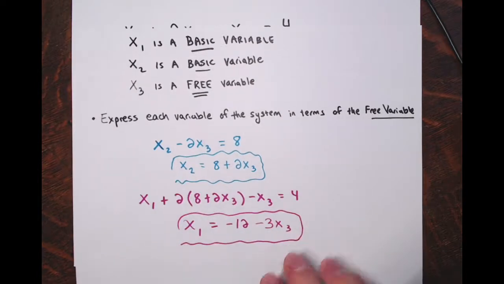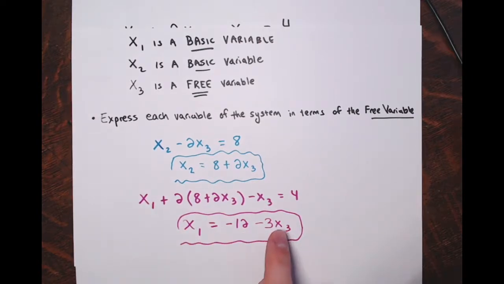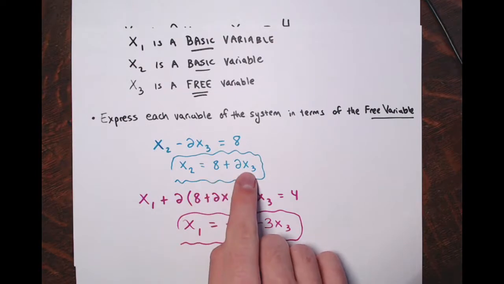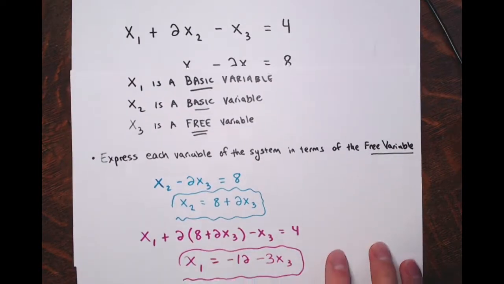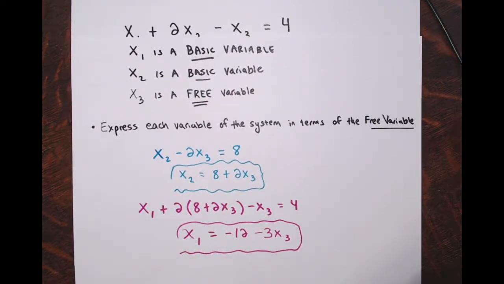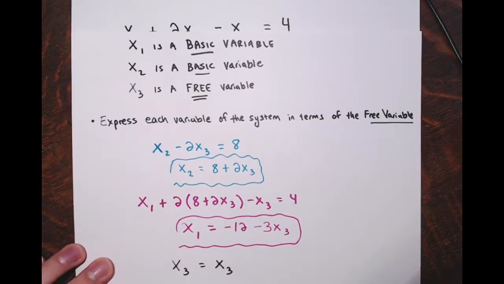And then of course the free variables are equal to themselves. So x1 is negative 12 minus 3 times x3. x2 is 8 plus 2x3 in this system. And like I said, the free variables are equal to themselves. x3 equals just x3, clearly.